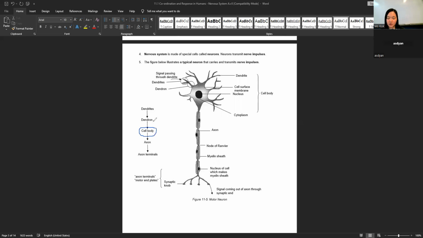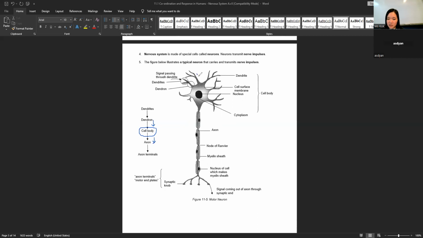If the nerve impulse enters the cell body from a particular branch, that branch is called the dendron. If the nerve impulse exits the cell body and enters a particular branch, that branch is called the axon.